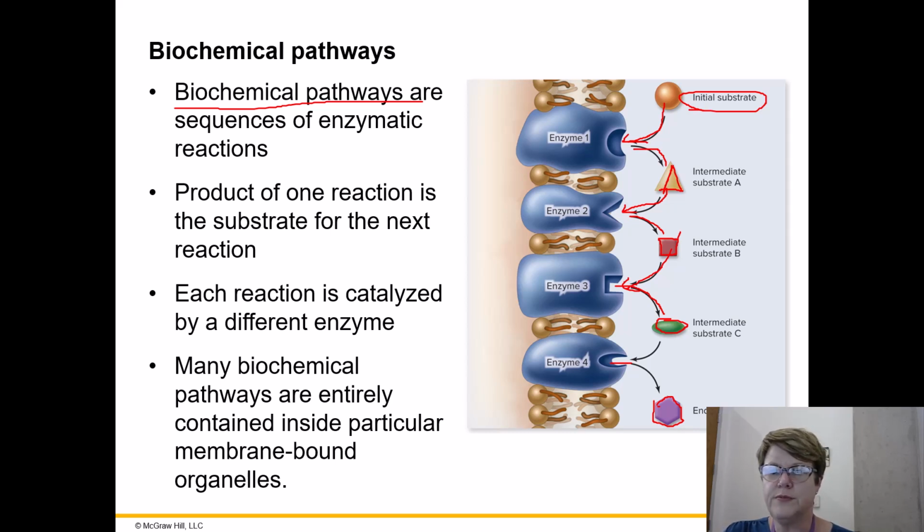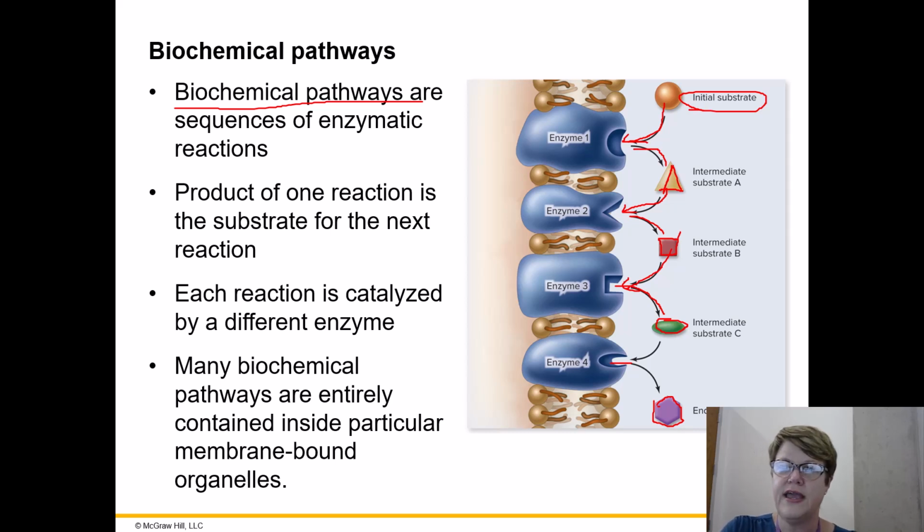The collection of enzymes needed to perform a particular pathway will be contained within particular compartments in the cell. Respiration is a really good example of this. There's a sequence of enzymes that are found in the cytosol, and then there are several sequences that happen inside the mitochondrion.